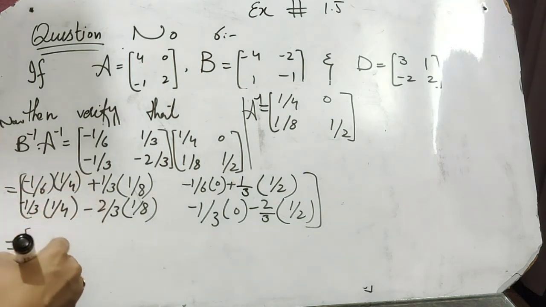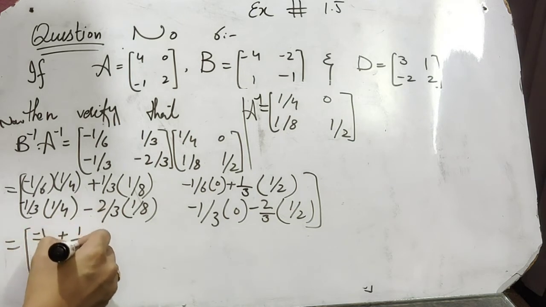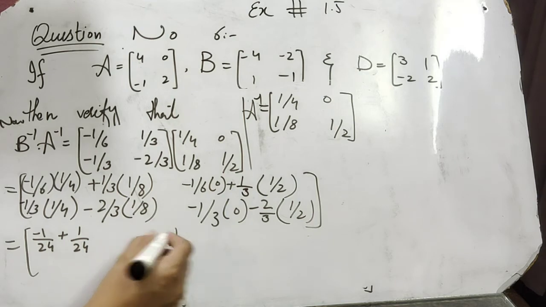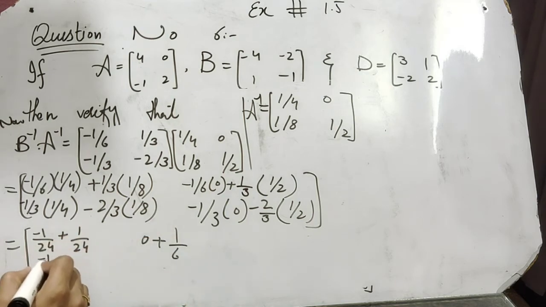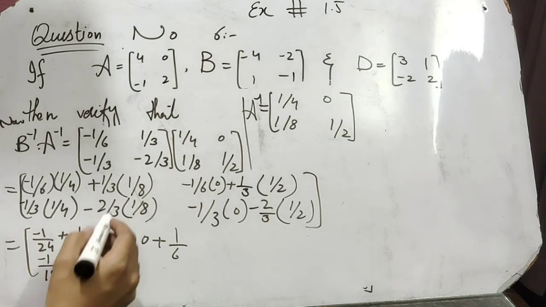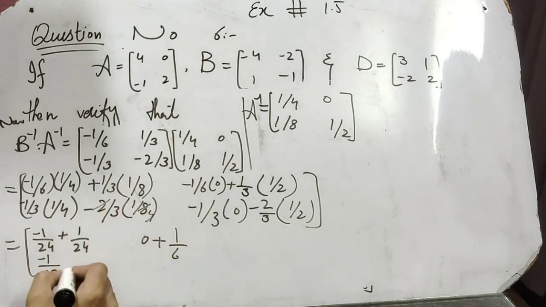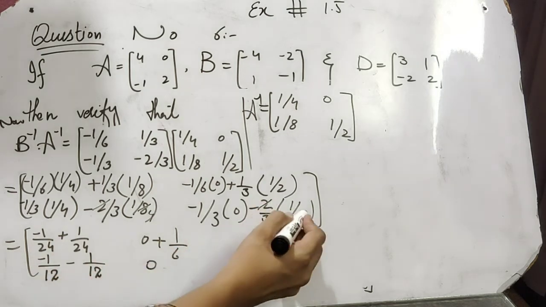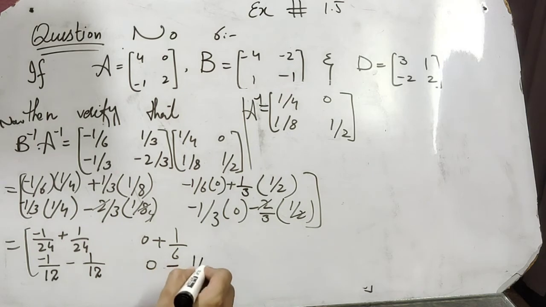Now multiply this: -1 over 24 plus 1 over 24, this is 0, plus 1 by 6 minus 1 over 12. 2 4s are 8, so minus 1 by 12. This is 0 and this is -1 by 3.